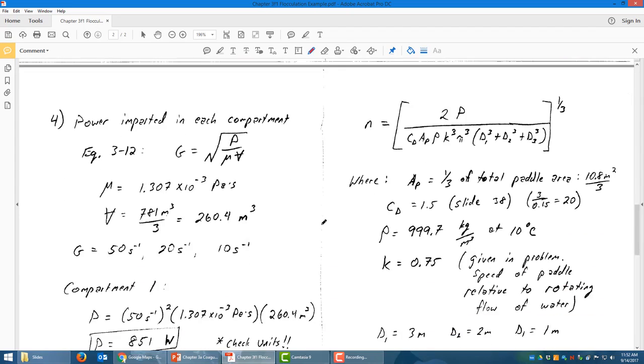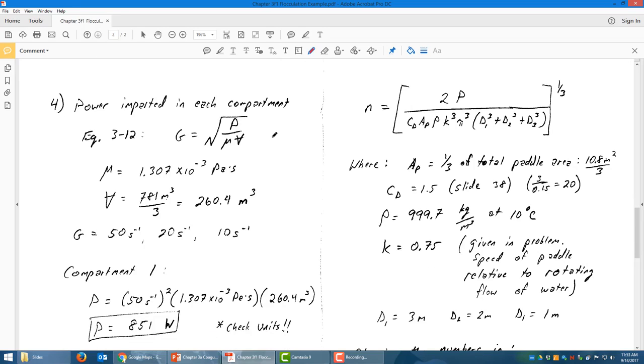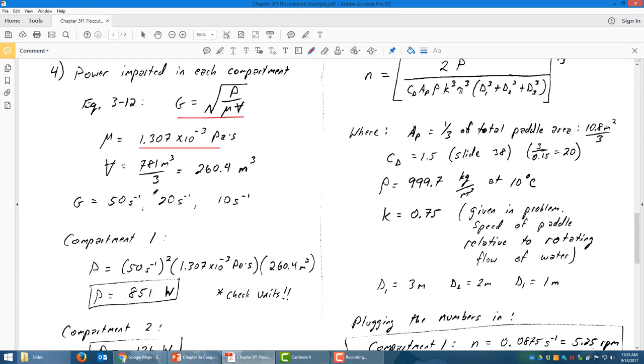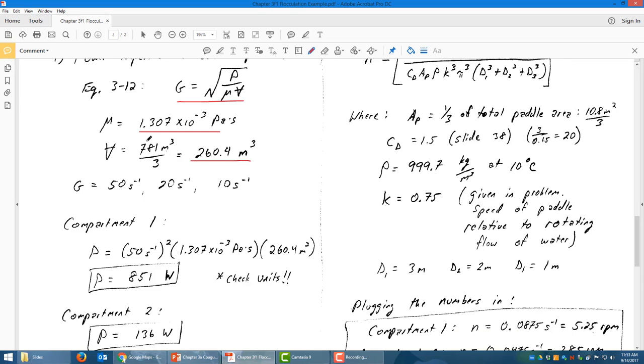Okay, the fourth step: we need to figure out what the power imparted in each compartment is, and we use equation 3.12, which is our G value. It's the same thing we used for a rapid mix tank. We know our viscosity because they gave us our temperature. We know our volume because we just calculated it, 781 meters cubed.